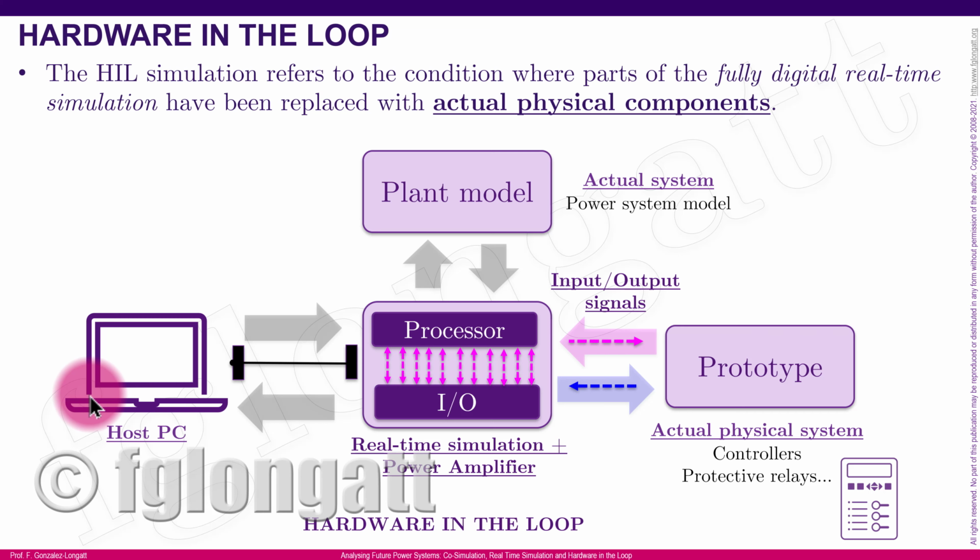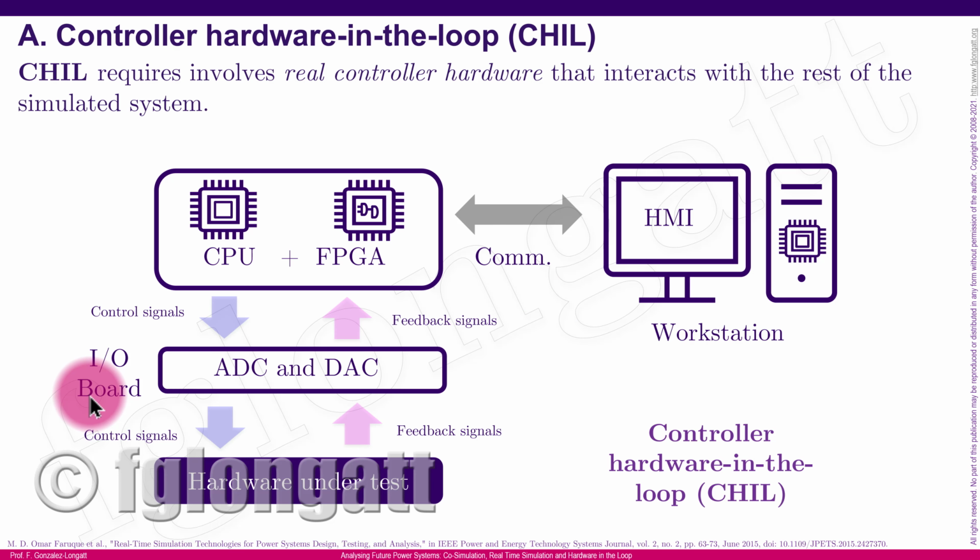When we are talking about hardware in the loop, we have one physical device, okay? There are two different approaches that we can use in hardware in the loop. One where we have low power signals, and we call that controller hardware in the loop. The controller hardware in the loop is basically when we use a hardware, but this hardware is low power hardware.